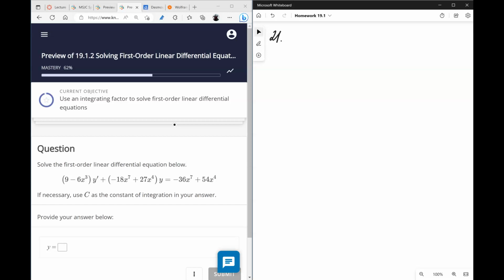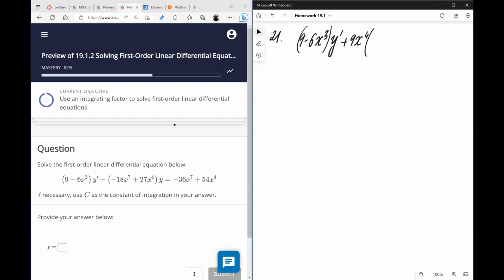We're going to divide everything by this leading coefficient. And in order for that to go smooth, I'm going to factor out some things here. So we're going to take out 9x to the 4 here.